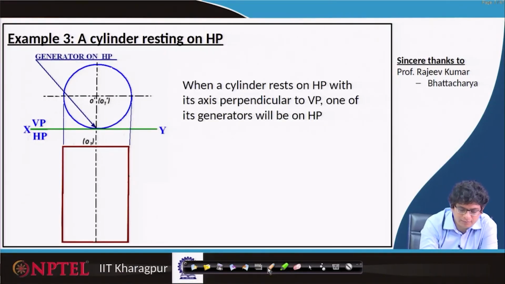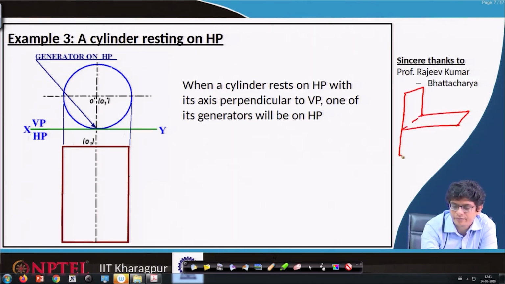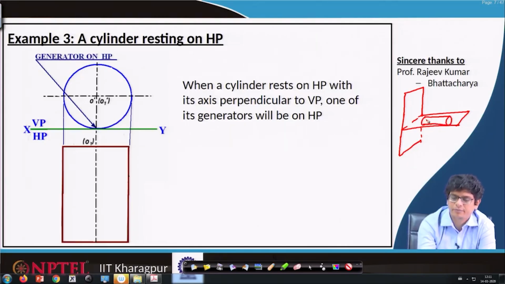For example, here we have this vertical plane and this is the horizontal plane, and our cylinder perhaps resting in that way.